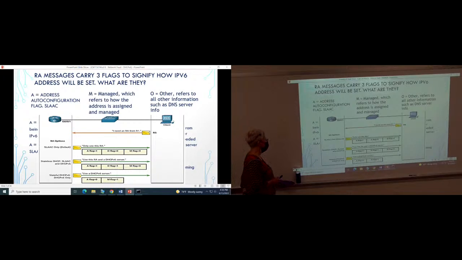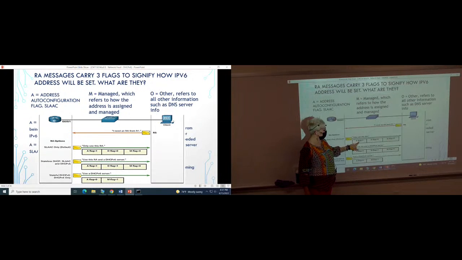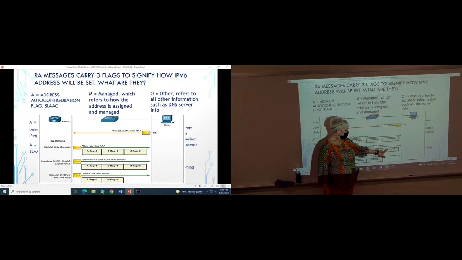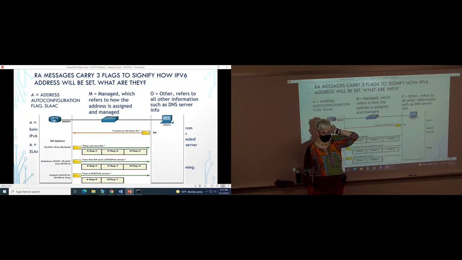So this is just the different way. Again, if my A flag is on and everything else is off, what am I using? Auto configuration or SLAAC. Now here my A flag is on, my O flag is on, and my M flag is off. What am I using?